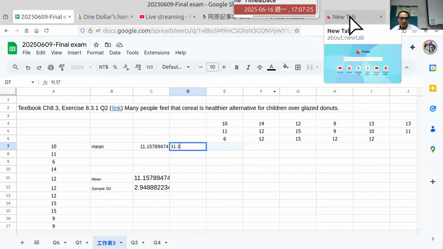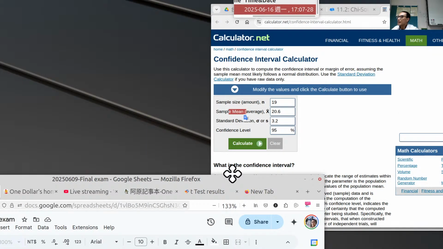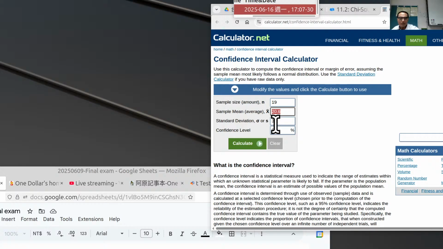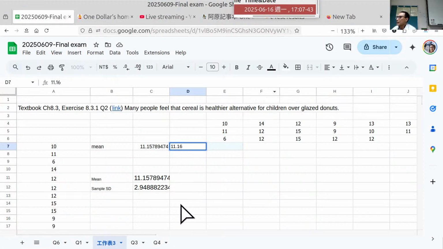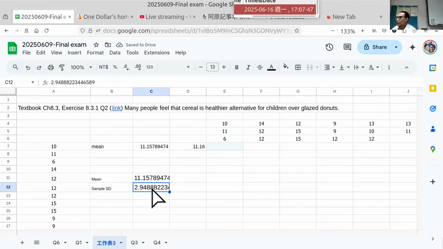Okay, 11 point, like this one. Okay, and then we need information about the standard deviation, sigma or s. I got the answer. That is here, 2.94888, something like this.